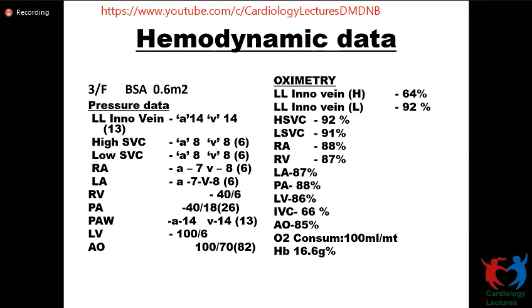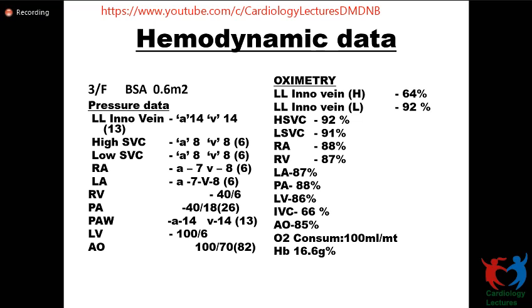Can you tell me other situations where the pulmonary artery oxygen saturation can be higher than the aortic saturation? There are two more conditions. TGA physiology. Another is Taussig-Bing anomaly.